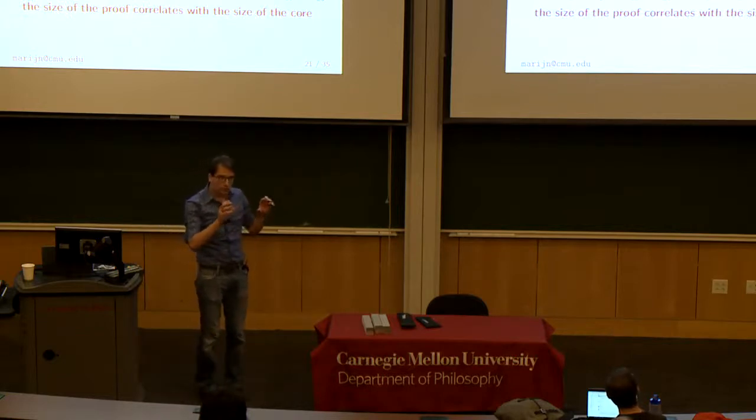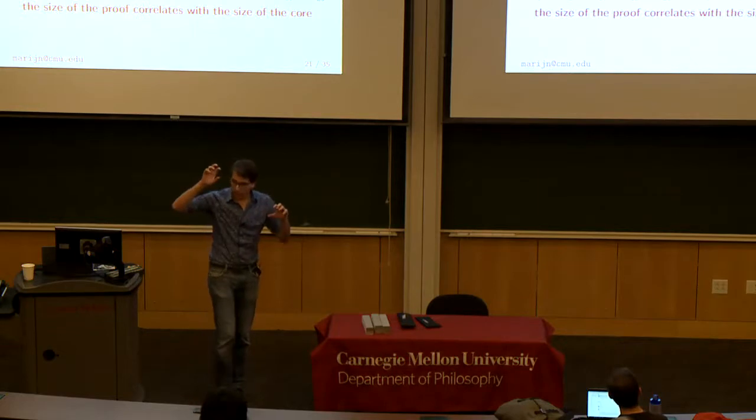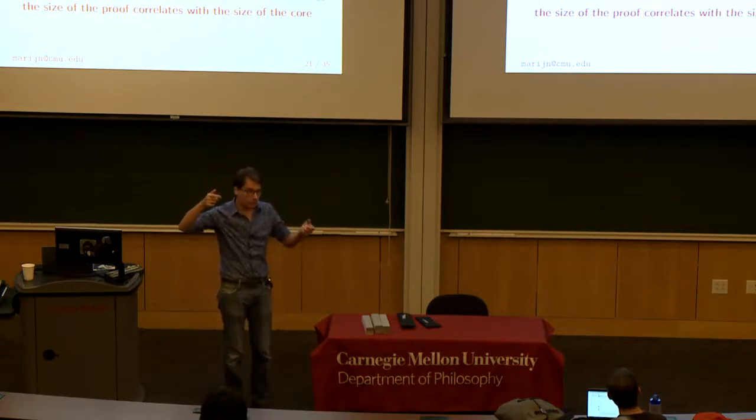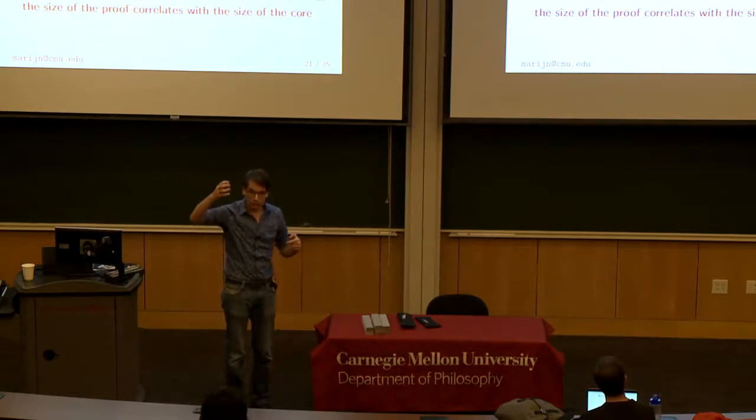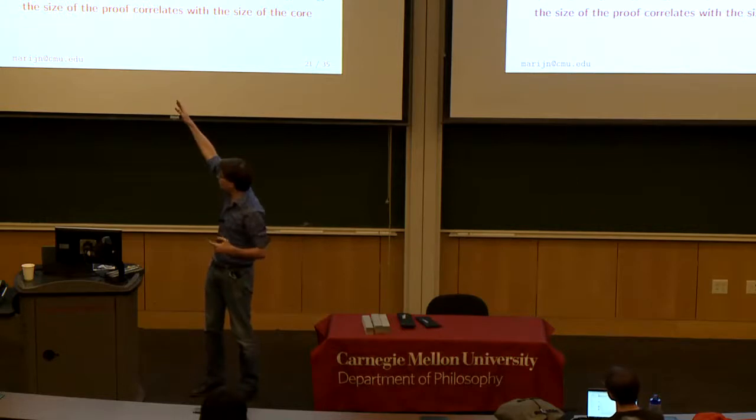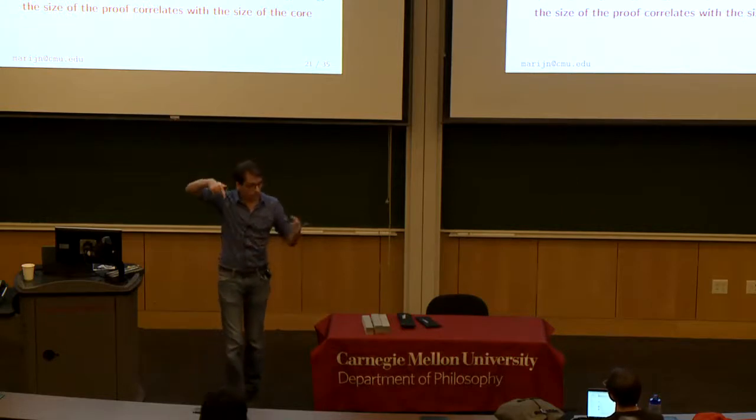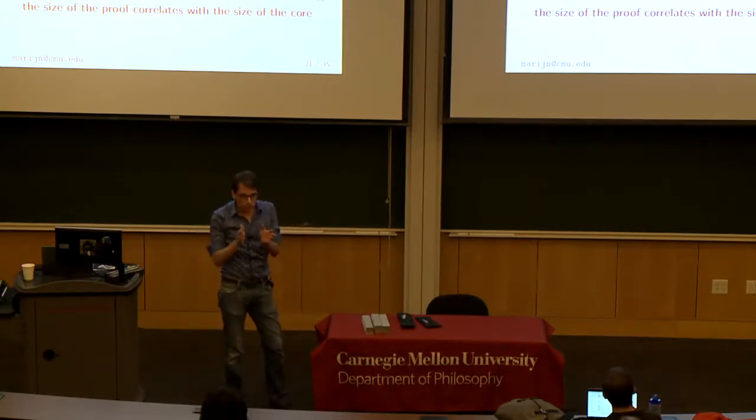What I want to talk about is, say, you can have multiple different proofs, and the quality of the proof is very important for how small your core gets. If you have an efficient run of the SAT solver, which is on the left plot, then you can get a small core.